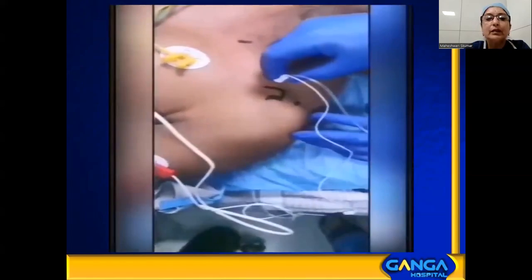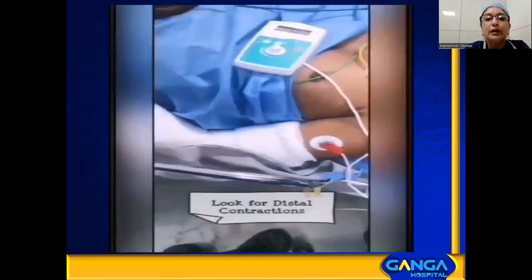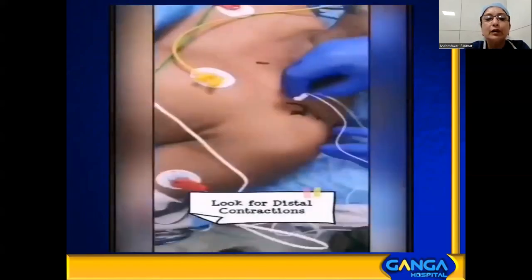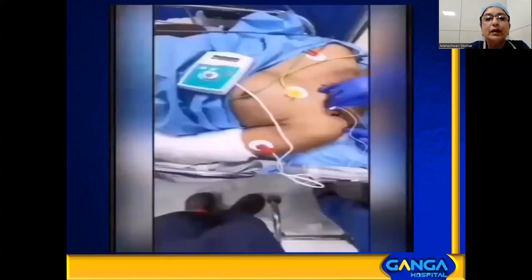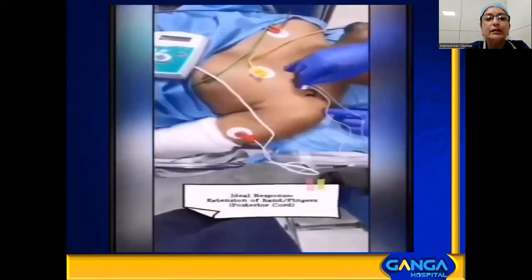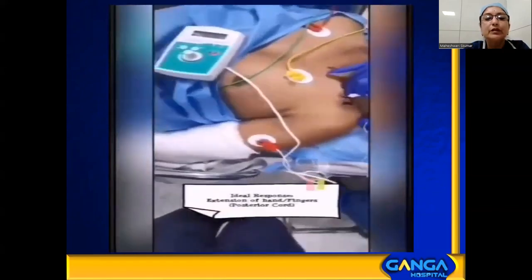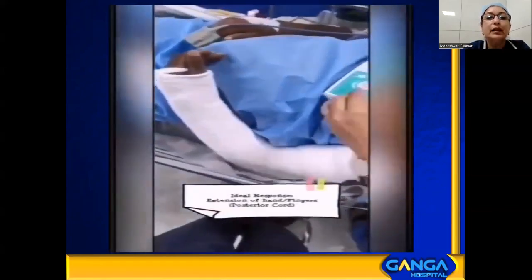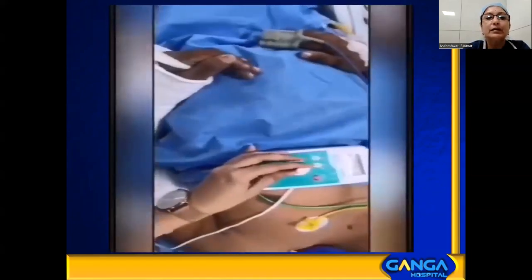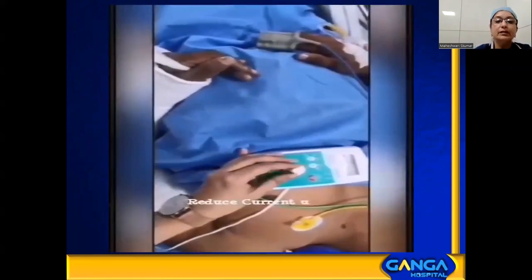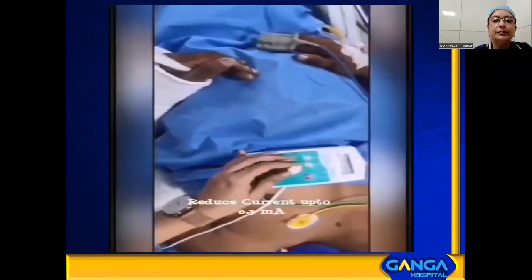We set the current at around 1 to 1.5 milliamperes, and we look for the contractions. And here you can see the distal contractions, where once the needle is inserted, the finger movements or extension of the hands and the fingers are there. This is the posterior cord response. Immediately the current is reduced and the drug is injected.